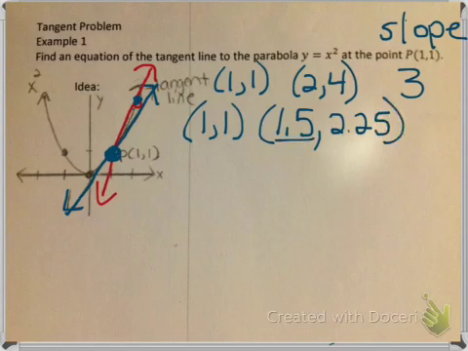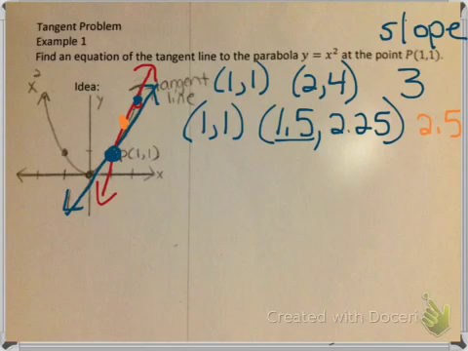I'm choosing 1.5 because it's closer to (1, 1). That's the orange point, and the slope of the line through the orange point and (1, 1) is 2.5.